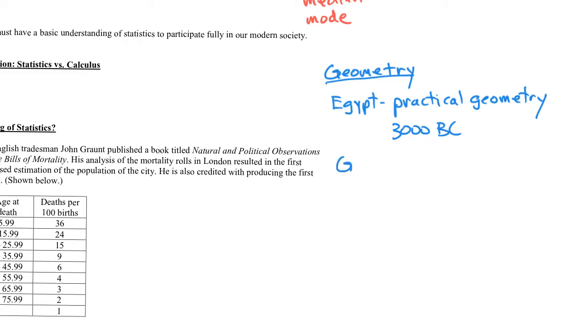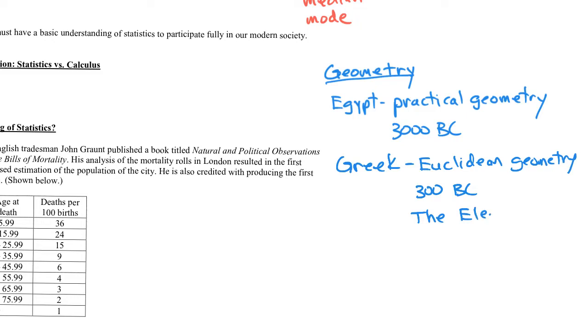Then the Greeks, we could talk about Euclidean geometry. And there was a book published in about 300 BC, a book called The Elements, that you may have heard of.